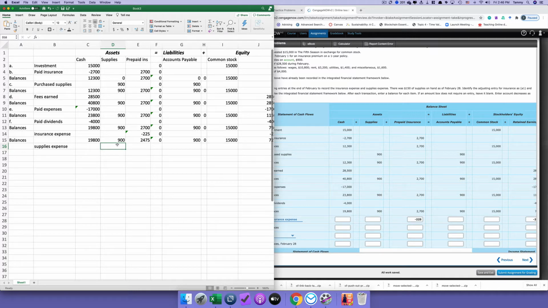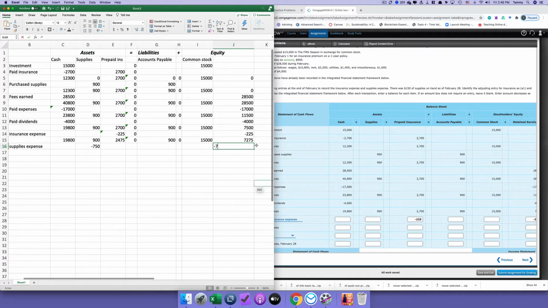We started with 900. We ended with 125, so that means that we used 750. So we are going to reduce our supply asset by 750. And then we are also going to enter this as a reduction in retained earnings because it's an expense.